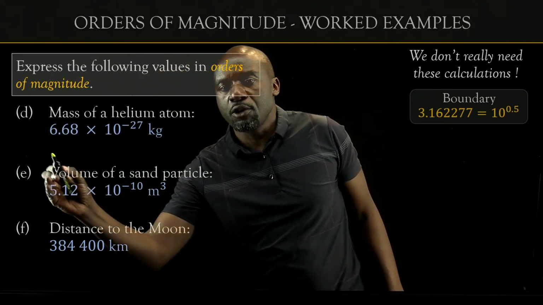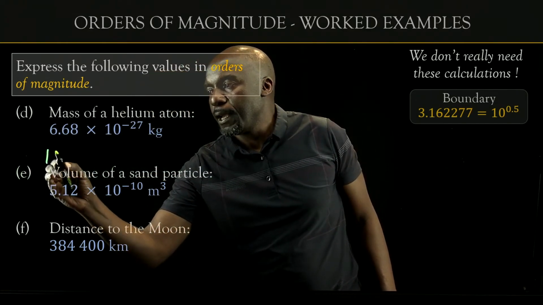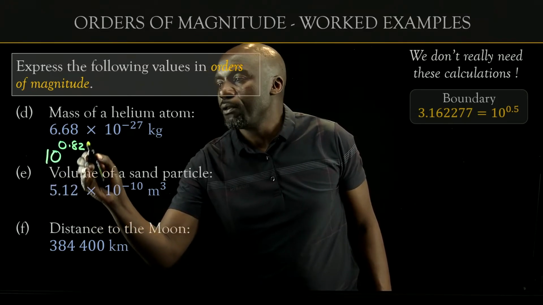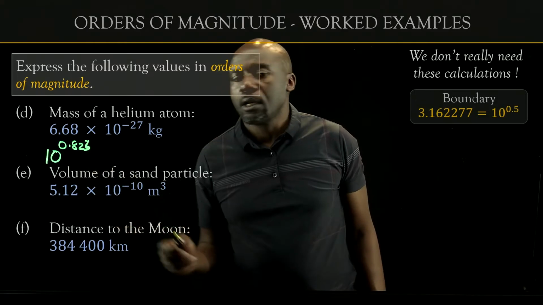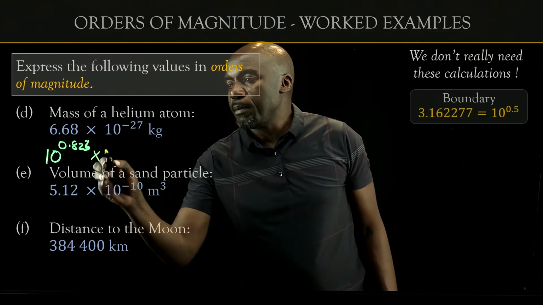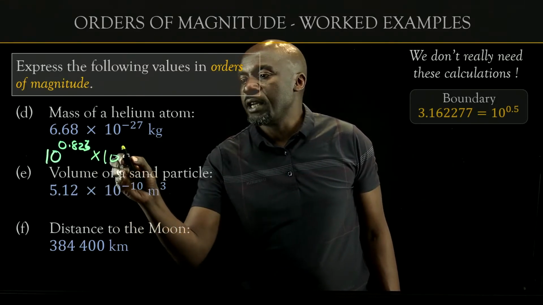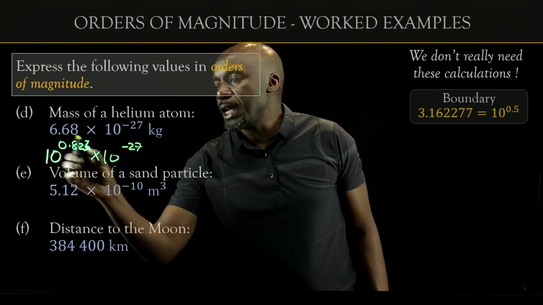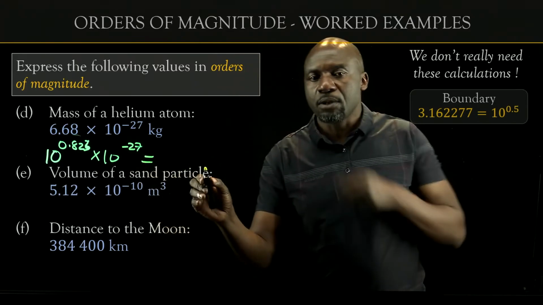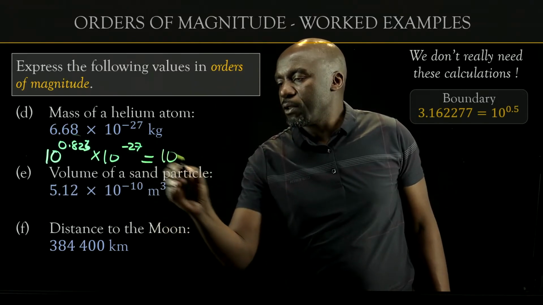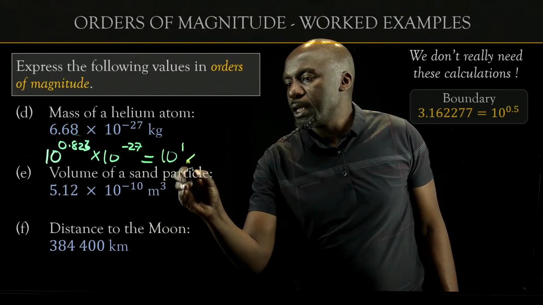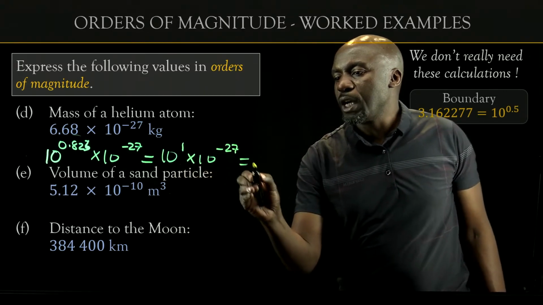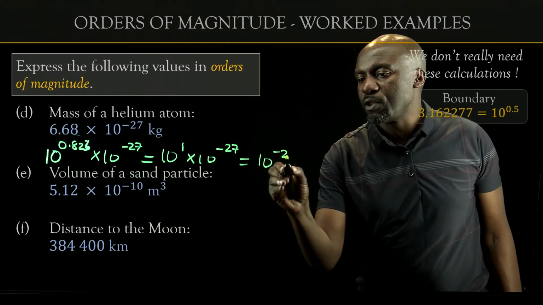So this is going to be 10 to the power of 0.824 or 23, and then I'm going to multiply by 10 to the power of negative 27. Already this rounds off to about 1, and so if I work this out, I will get 10 to the power of 1 times 10 to the power of minus 27, which becomes 10 to the power of minus 26.